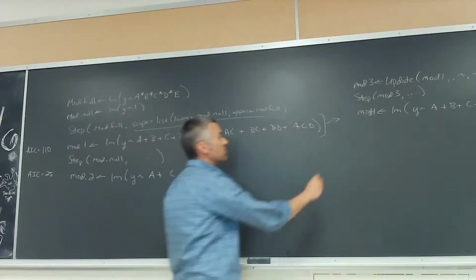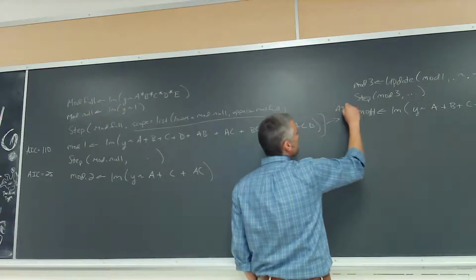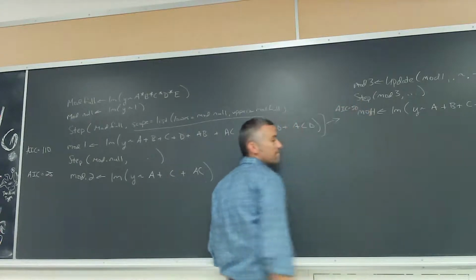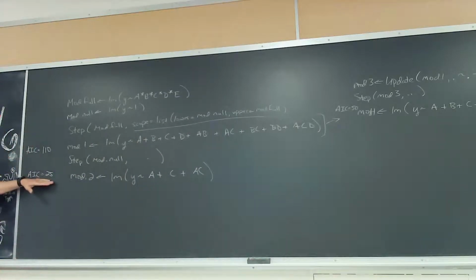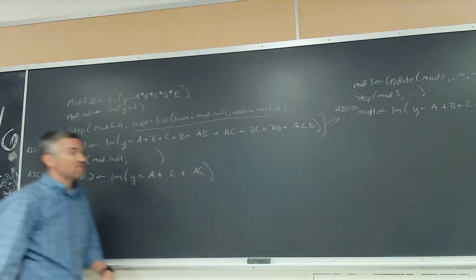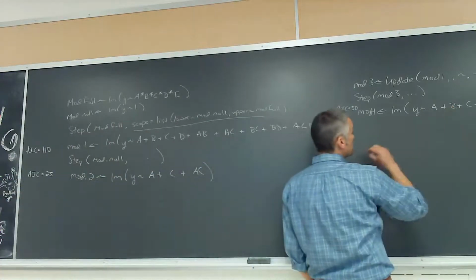All right, but when we look at that AIC, that's only at 50. Which model is the best? We're still this one. Did we get to it yet? Nope. So we're going to have to force it to get through this point.